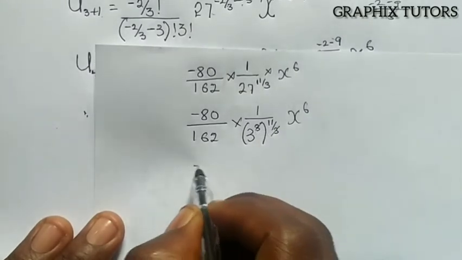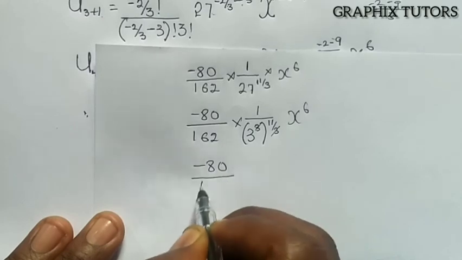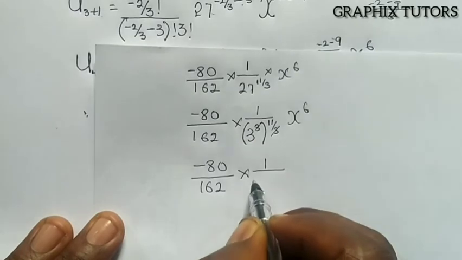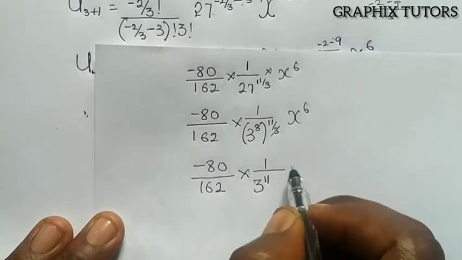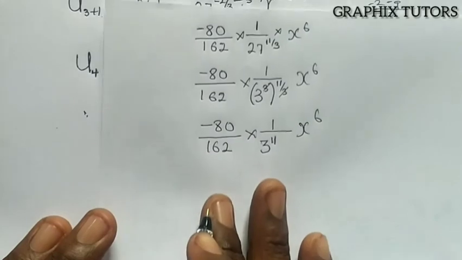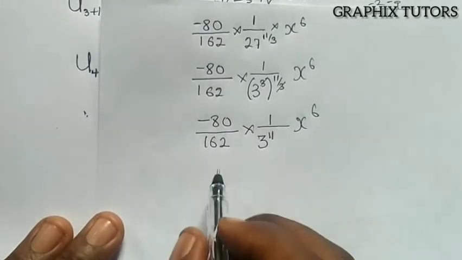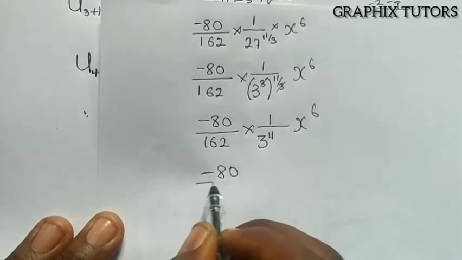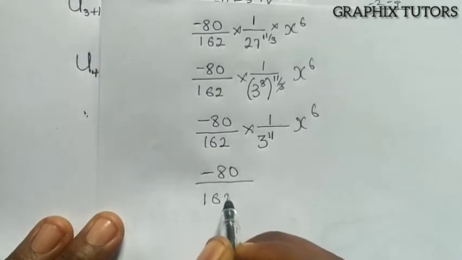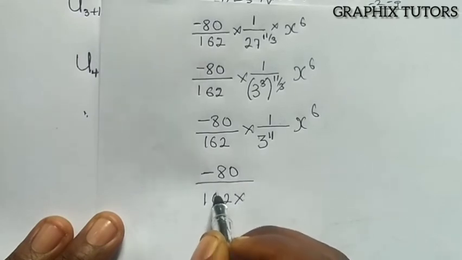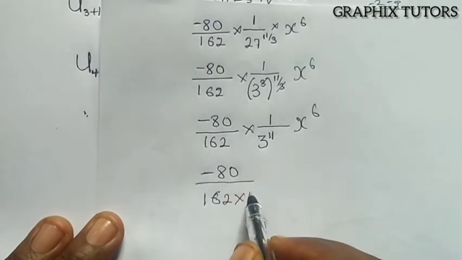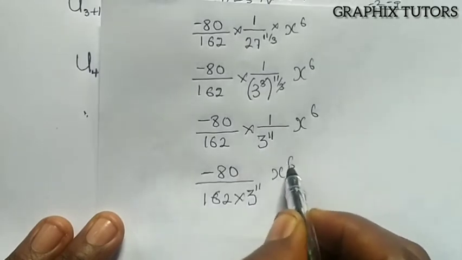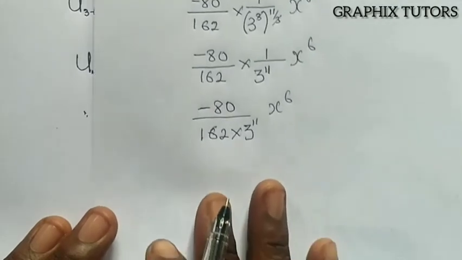We're left with minus 80 all over 162 multiplied by 1 over 3 to the power of 11, and we have x6. So minus 80 times 1 will give you minus 80, all over 162 multiplied by 3 to the power of 11, and I will have x6. Now the question is, what is 3 to the power of 11?